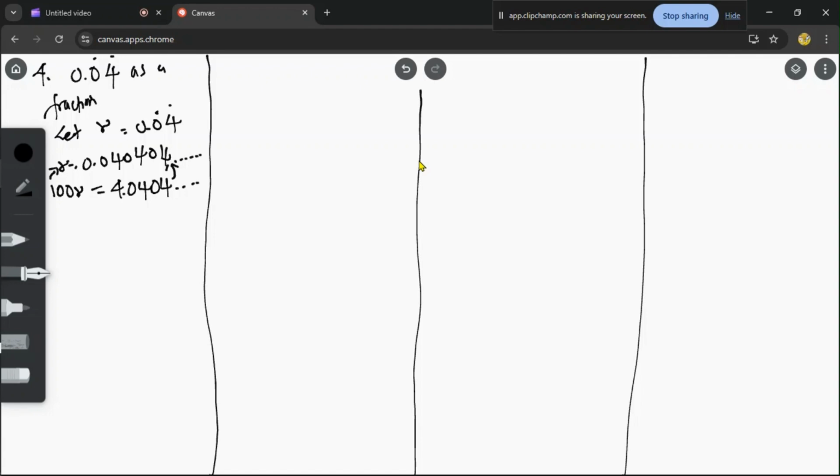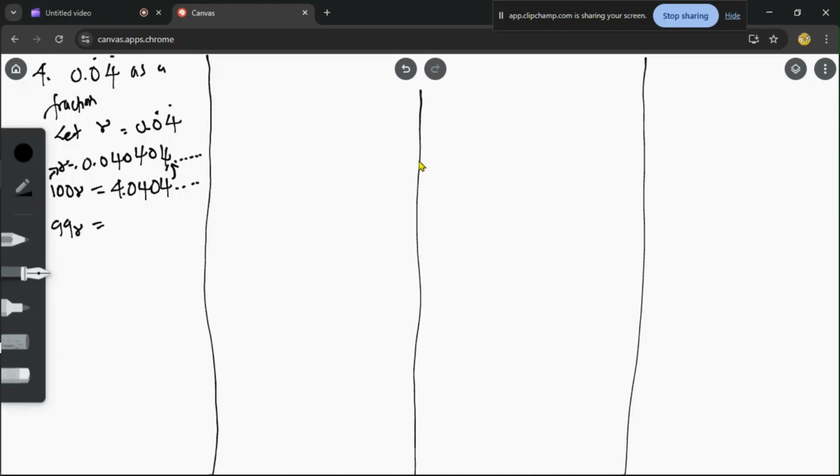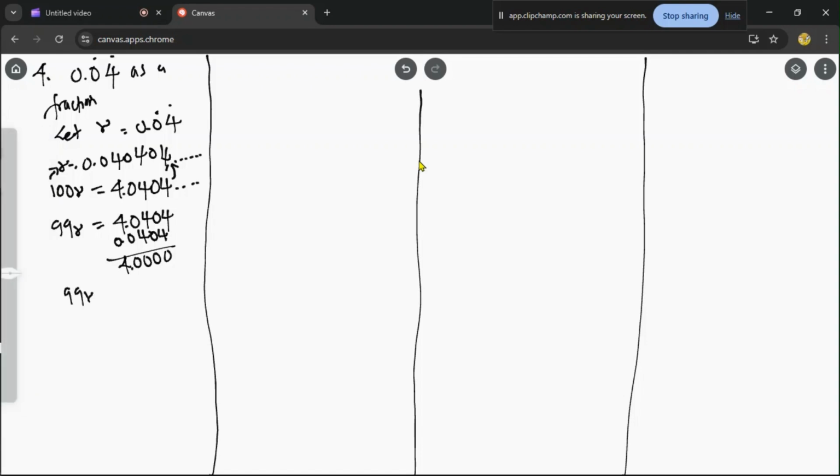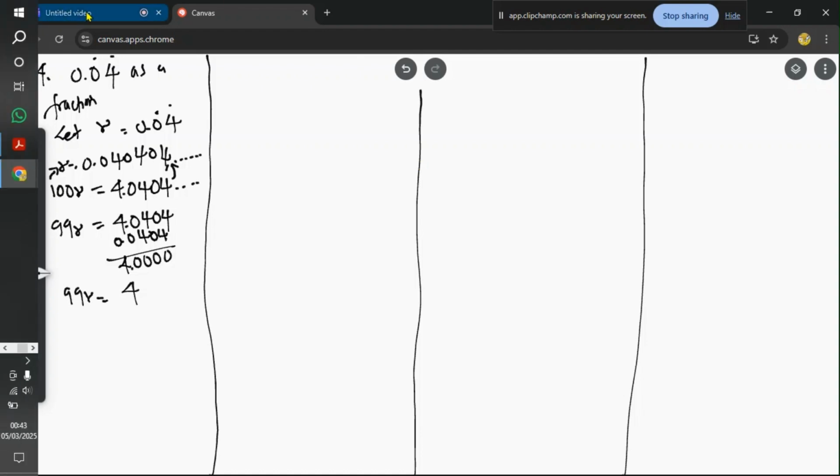I have 100 R's here, I minus 1 R, so the answer will be 99R. Then what is 4.0404 minus 0.0404, and so on? If I subtract, the repeating part turns to 0, 0, 0, 0, and you have 4. Therefore, on my left, I have 99R equals 4.